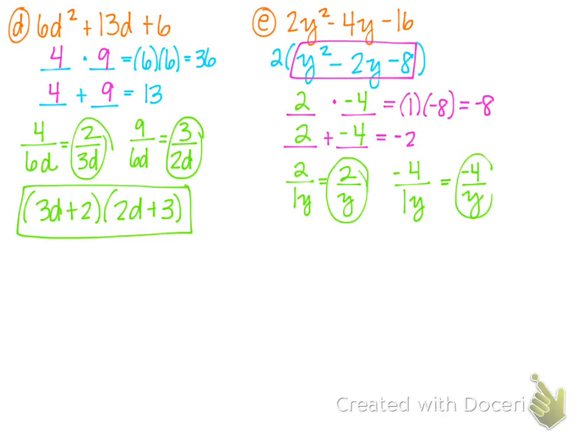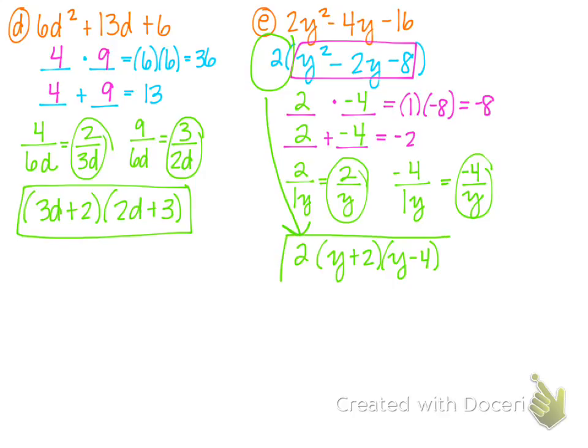And that's our other term. So I'm going to write these two terms. We have y plus 2 and then y minus 4. But we cannot forget, what did we pull out at the beginning? This 2. We're going to write the 2 in front. So there is this trinomial factored.